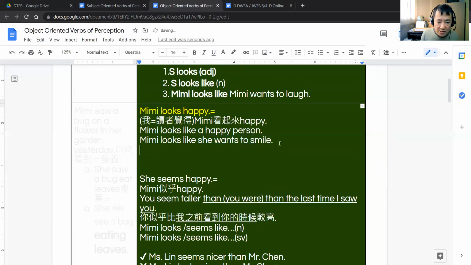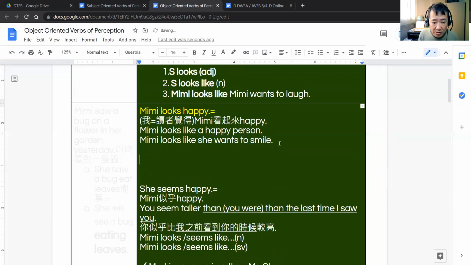Let's use another example, sticking with the word look, okay? Let's say, Dan looked sad. It's okay, I can make it past tense, right? I can say, yesterday I saw Dan and I think Dan looked sad, right? It could be past tense, okay? Dan looked sad.